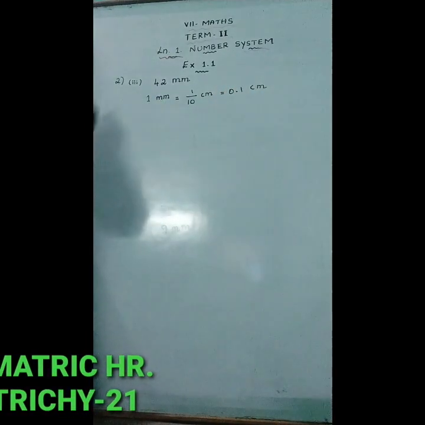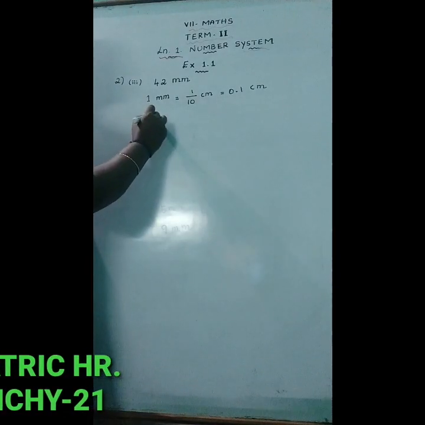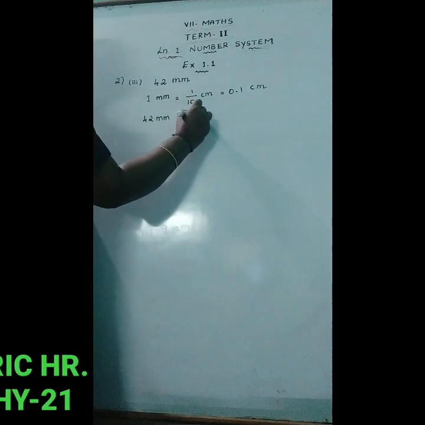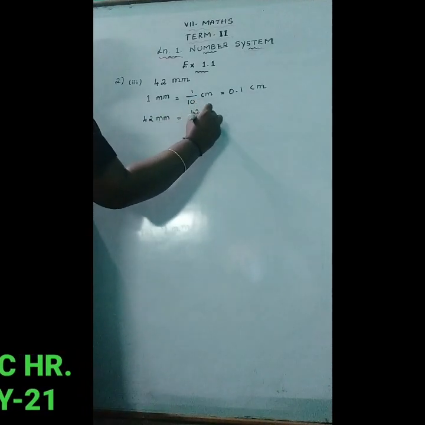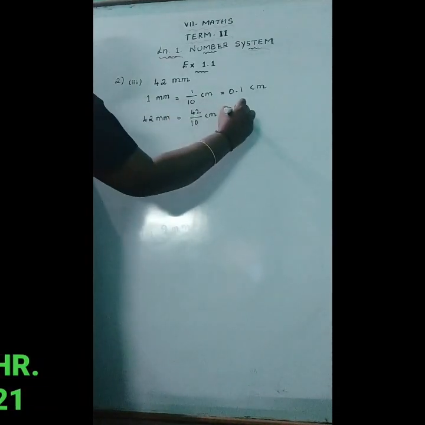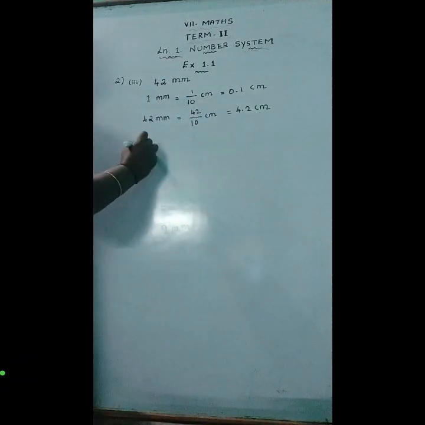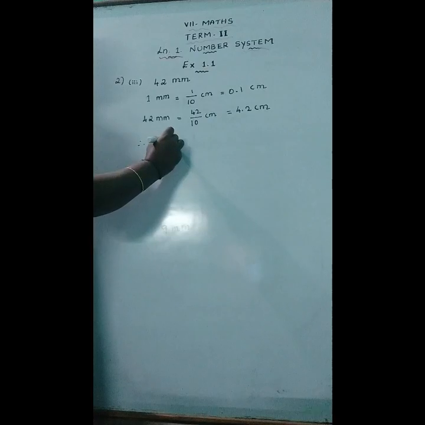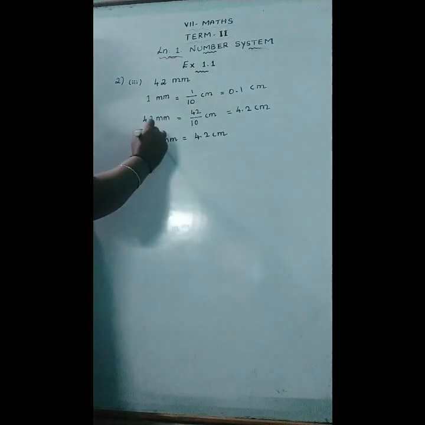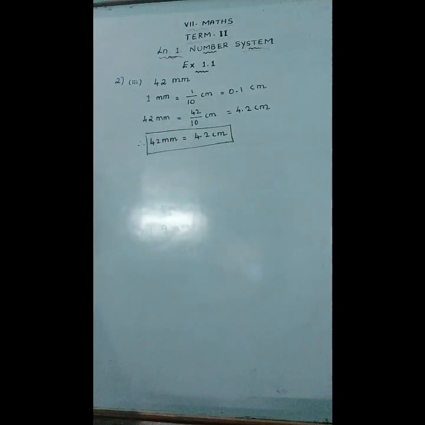By the same method, 42 millimeter is equal to 42 divided by 10 centimeter. So 42 divided by 10 gives 4.2 centimeter. This is the solution for the third one.